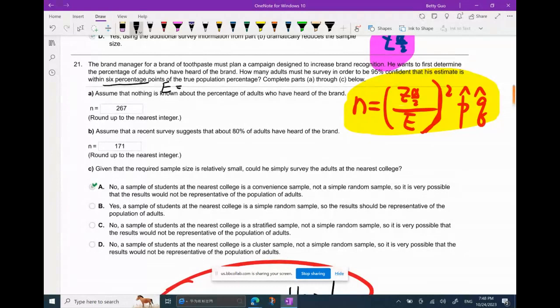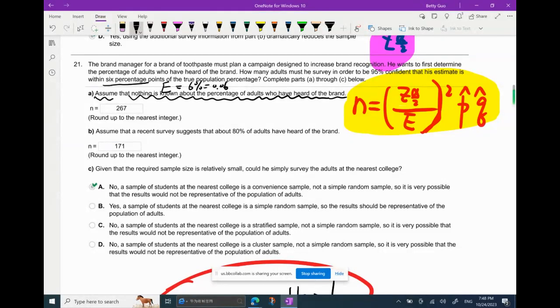So here E is given, predetermined. E, the margin of error in this case, is 6% or 0.06. All right, margin of error is given. Okay, part A: assume that nothing is known about the percentage of adults who have heard of the brand.